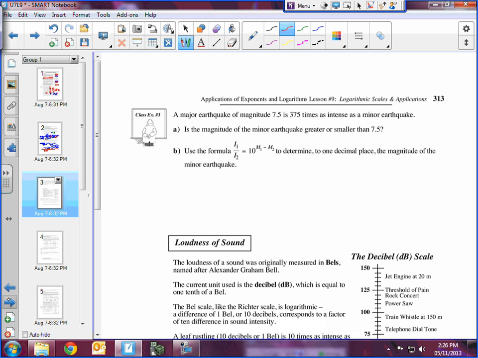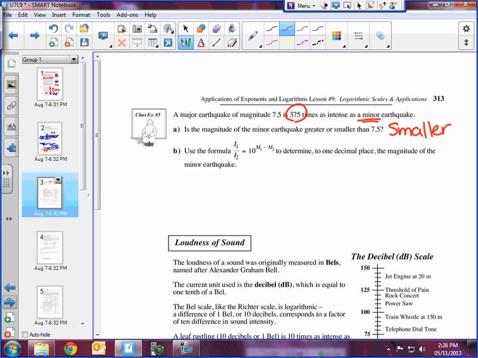Smaller. Why? Okay, so your minor earthquake is going to be smaller than your major earthquake. That's basically what they're getting at. Does that make sense? Because if this is greater than 1, this is going to be bigger than your second earthquake, okay?